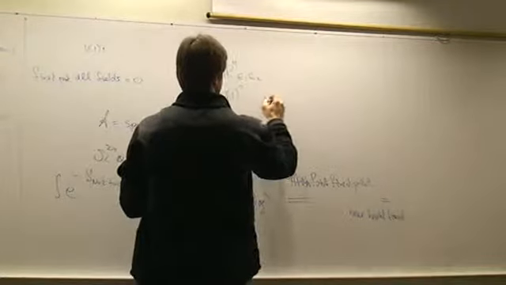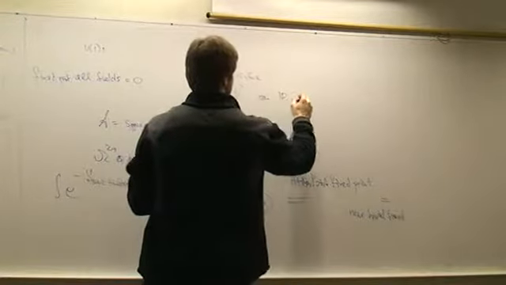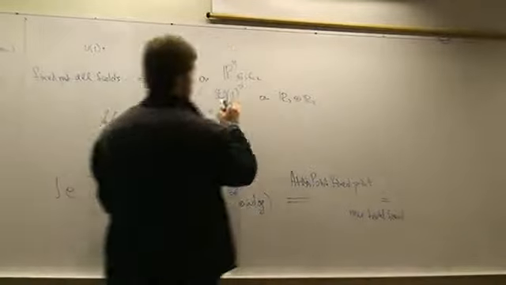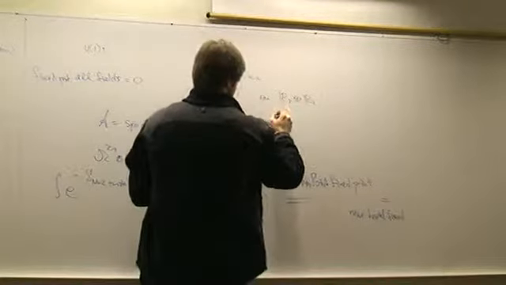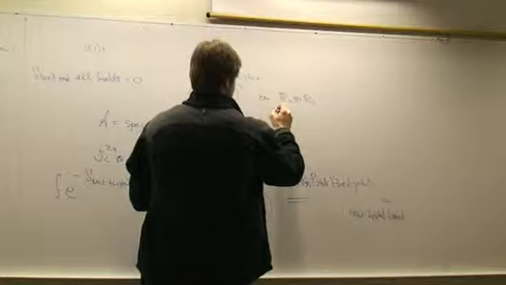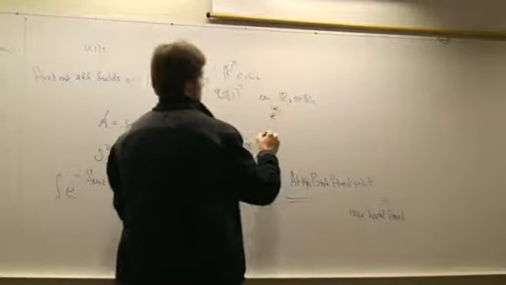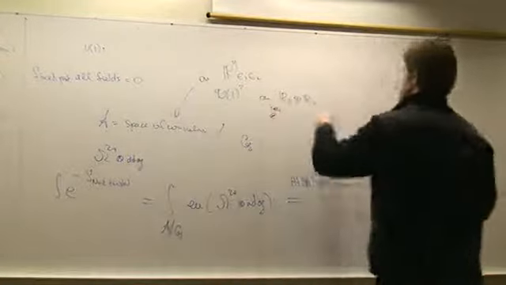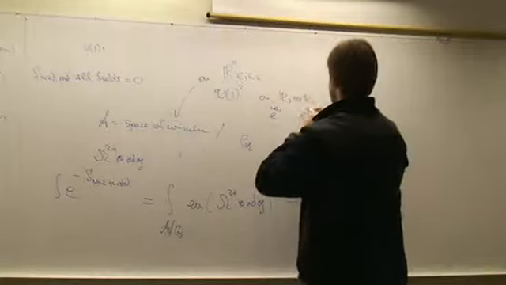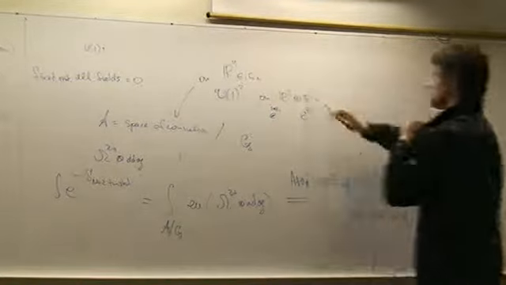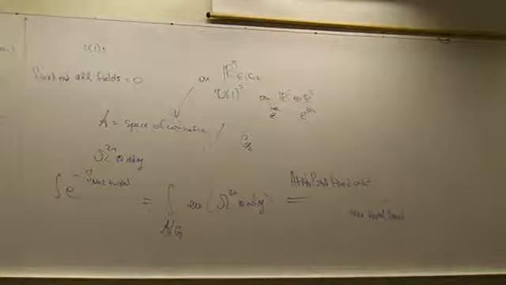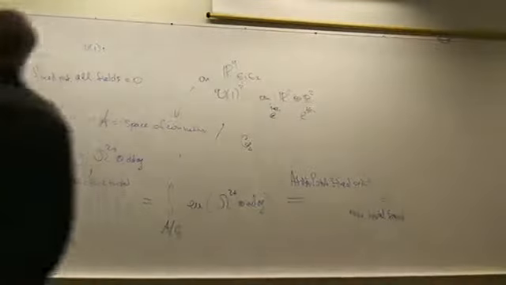The action: I split R4 into two planes, and U(1) acts with the weight e to the i epsilon 1 on the z coordinate in this R2, and e to the i epsilon 2 on the z coordinate in this R2.